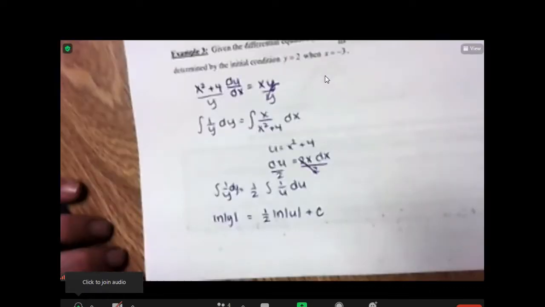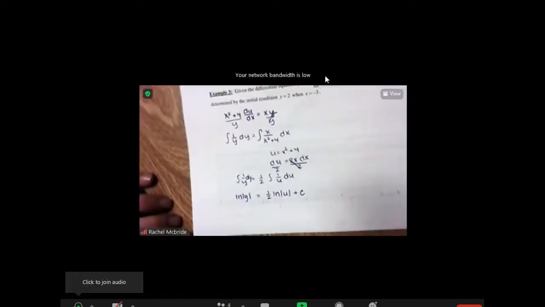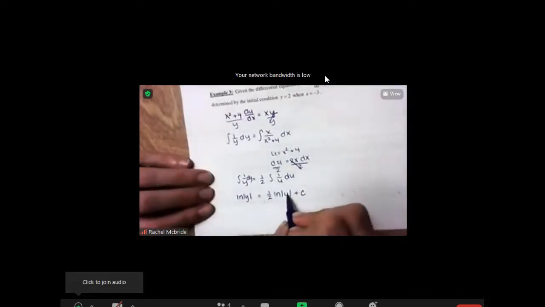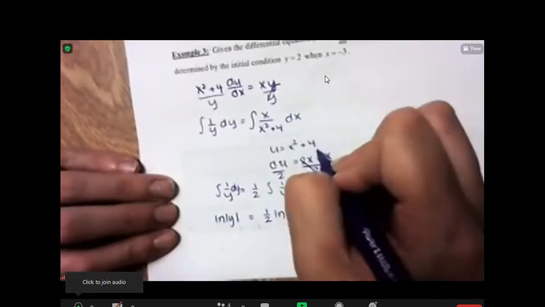Remember, all natural logs, when we do our integration, get absolute values. So there's absolute values around both the y and the u. And then what we're going to do from here is replace the u back with its original function of x squared plus 4.